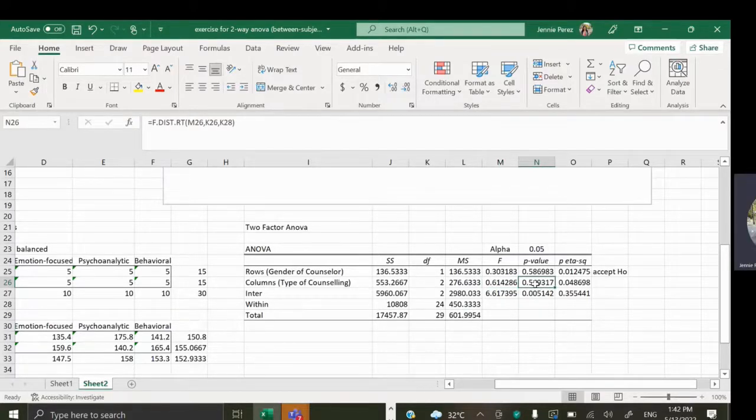The p-value is greater than alpha of 0.05, so we accept H0. So there is no main effect for gender of counselor. There is no main effect for type of counseling.